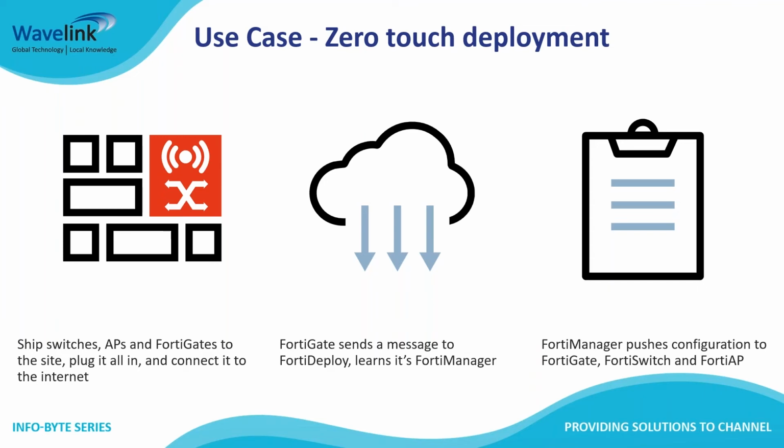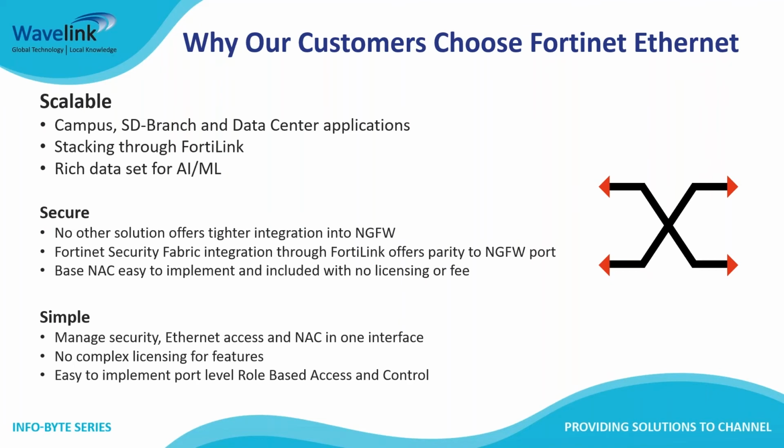Right. So just to summarize this whole narrative that I've been trying to tell you, why should our customers care about Fortinet Ethernet, right? So one, because it's scalable. It can cater to any networking need.